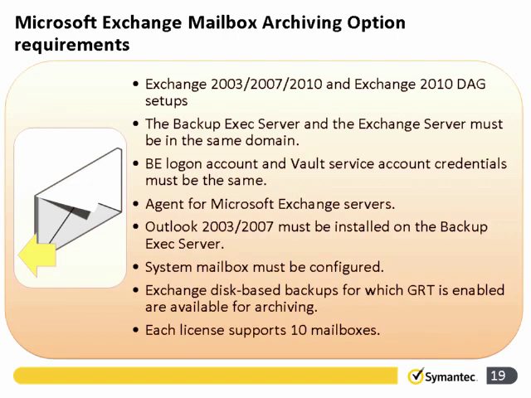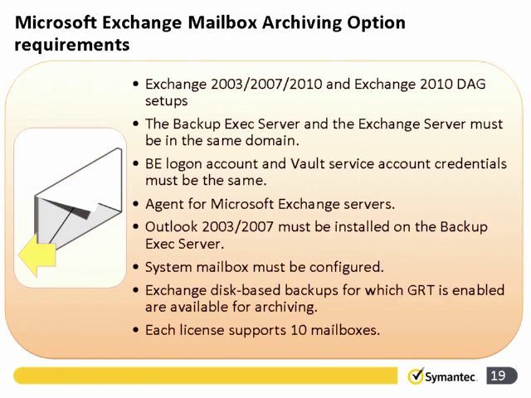For Exchange, the archiving option requirements are you must be running Exchange 2003, Exchange 2007, or Exchange 2010. We've said before the server and the Exchange server must be in the same domain and the same time zone. The logon account and the Vault service account credentials must also be the same. You must have the Backup Exec agent for applications and databases enabled on the Backup Exec server for the agent for Microsoft Exchange.